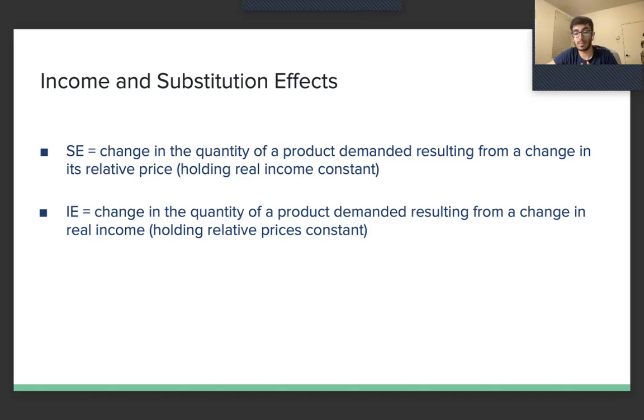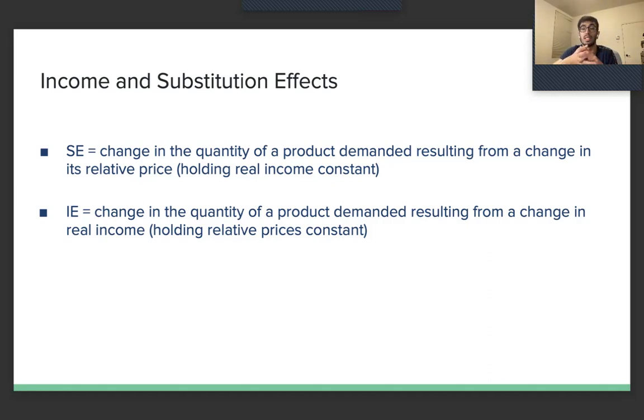Let's say our good was coffee. If the price of coffee falls, the reason that increases the quantity demanded, and we move downward along the demand curve, is partly the substitution effect.